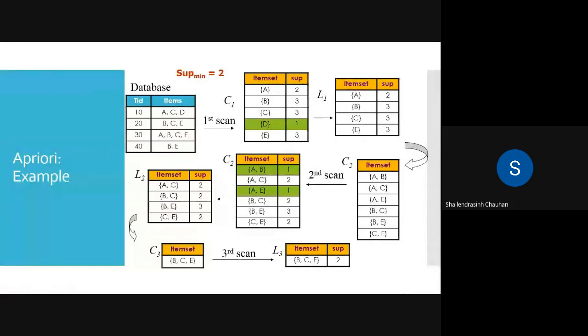Now we will move to the second step. Before that, let us try to understand the confidence and support with an example.